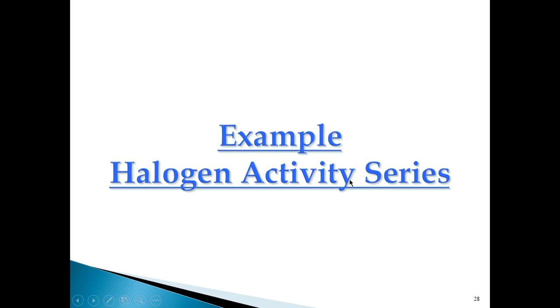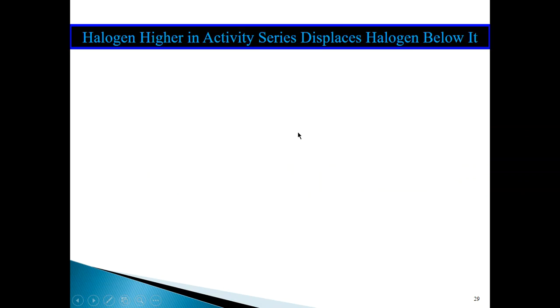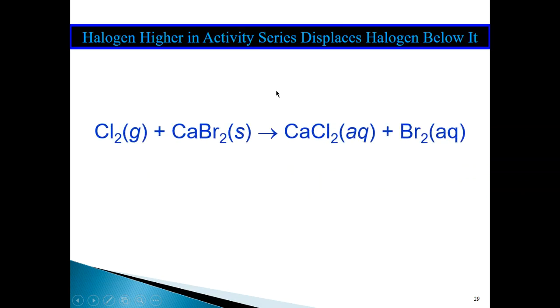Now there's another series which consists of the halogens, the elements in group 7. And basically what you'll find is that the halogen higher in the activity series will displace the halogen that is below it. Now the series is the order as established in group 7. So the order of the series would be fluorine followed by chlorine followed by bromine followed by iodine. All right?